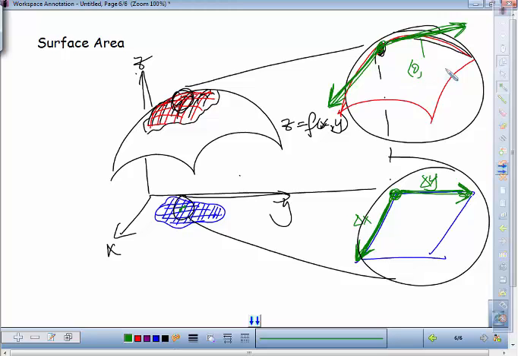And remember, if you move along the y by 1 unit, you're going to move up along the z by how many units? The slope, a partial derivative, f.